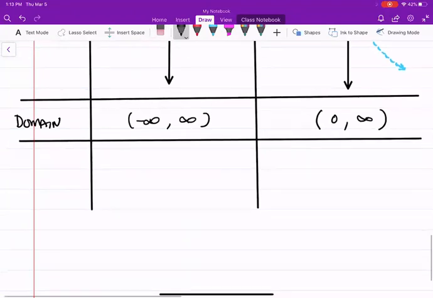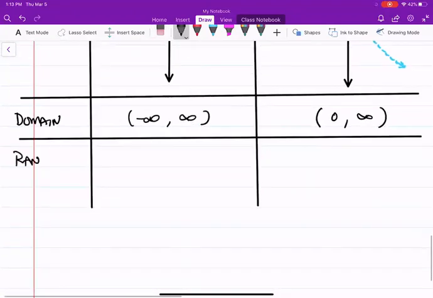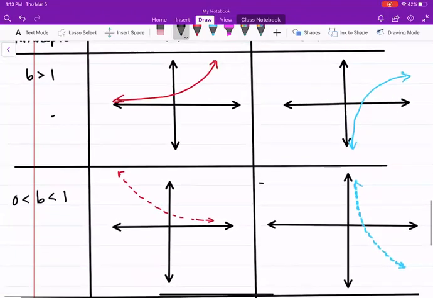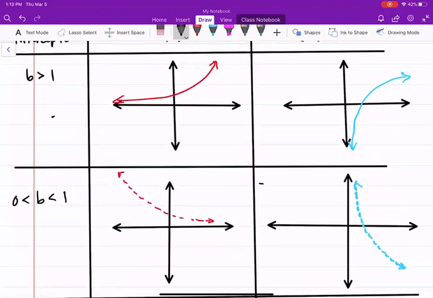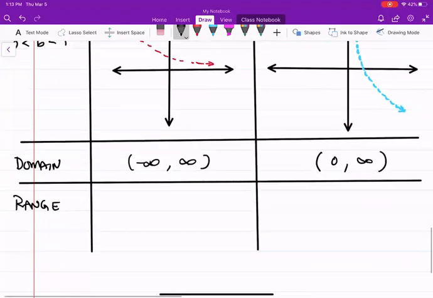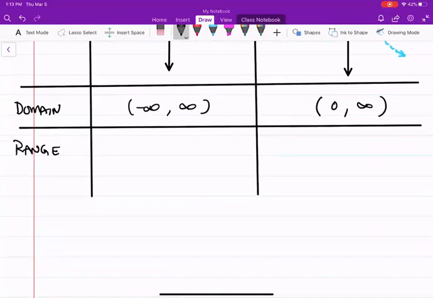Let's talk about the range. What's the range of the exponential function? The range is all the y values. All the possible y values. But remember, you have to go least to greatest.